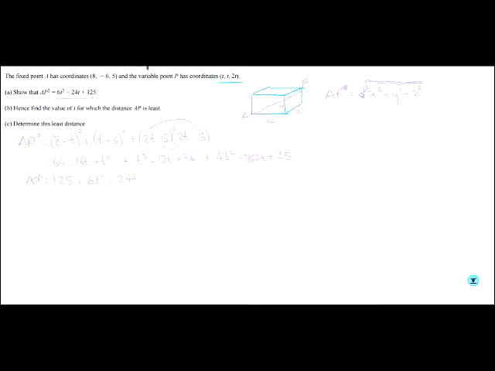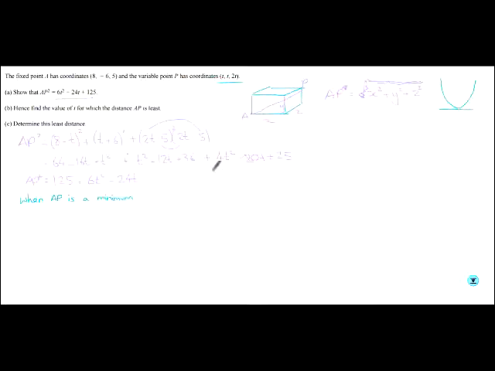Let's have a look at part B. Part B says, hence, find the value of t where AP is the least. So we're talking about minimums. When AP is a minimum, if you think back to all the work you've done, if I make a sketch, this is a graph, this is the least value, that's where the derivative is equal to 0, the gradient is equal to 0.